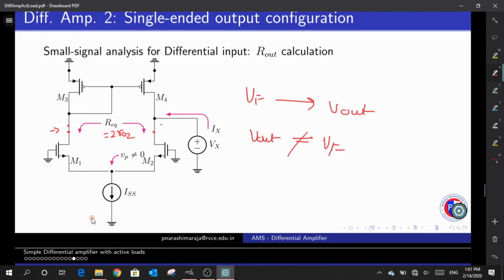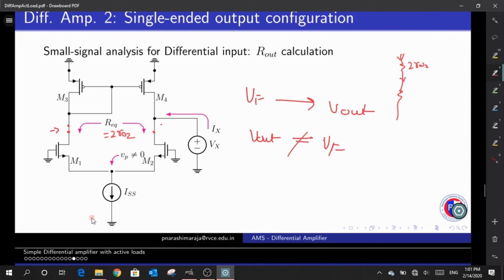The whole point is that whatever the current that flows into the drain of M2 has to come out of this. Only from that perspective I'm telling. And after this, either it goes directly to the ground or goes through a resistance, doesn't matter. Am I right? So you see, if I have a resistor, this is 2R2. Whatever the current that flows will come here.